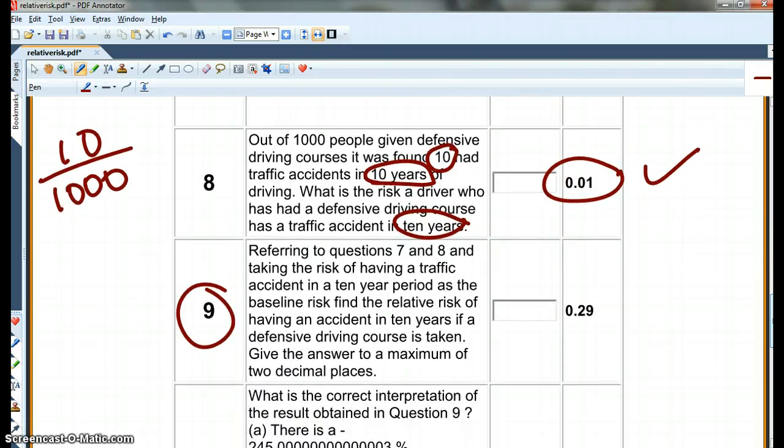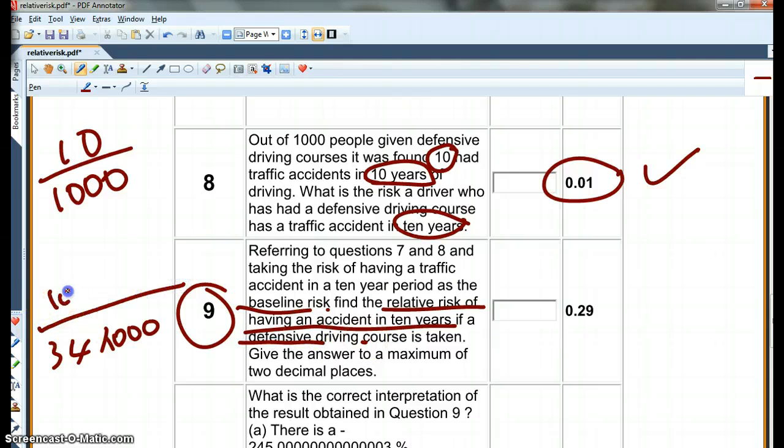So it says that having an accident, your 34 out of 1,000, is on the bottom because it's your baseline risk. Find the relative risk of having an accident in 10 years if you have a defensive driving course. So that was 10 out of 1,000. So on your calculator, can someone go put that in?